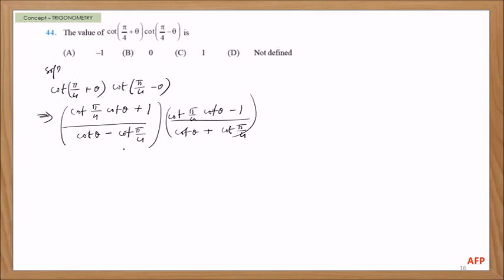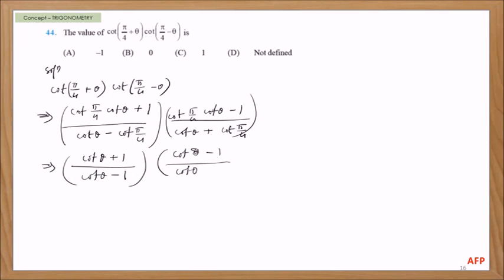So this is the simplification. So cot 45 is 1, you can cancel the numerator and denominator and write 1 as the answer. So C is the option which we have.